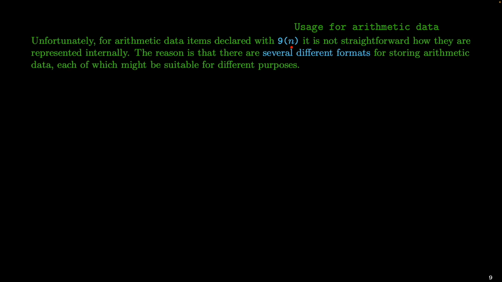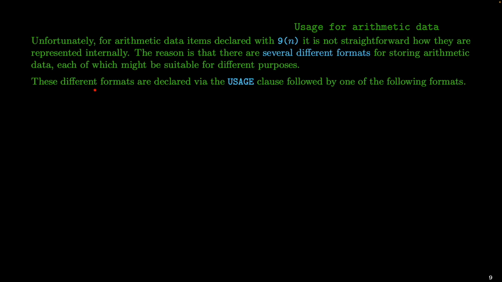Because each of the different numerical formats occupies different numbers of bytes for the digits here. And we can choose these different arithmetic formats via the usage clause, or usage is in the long form.